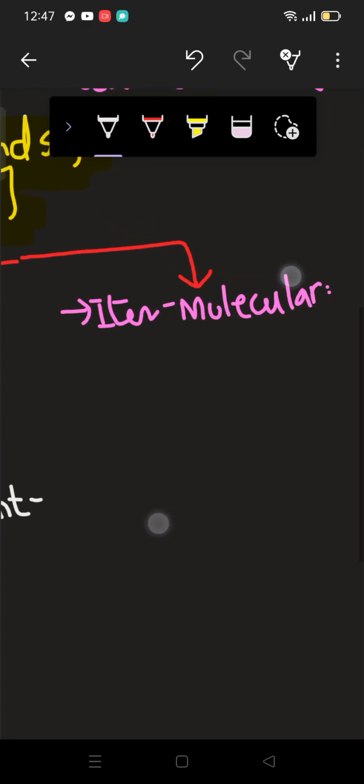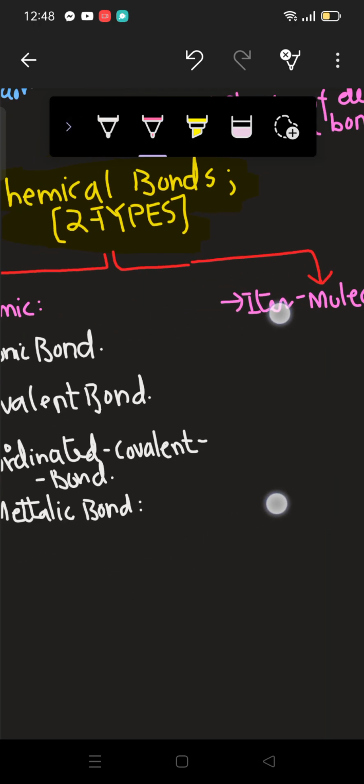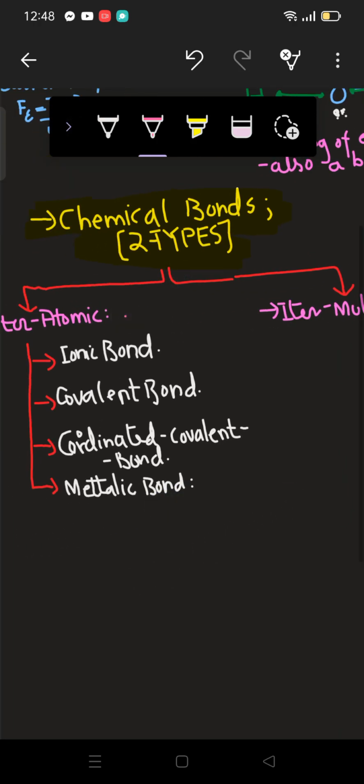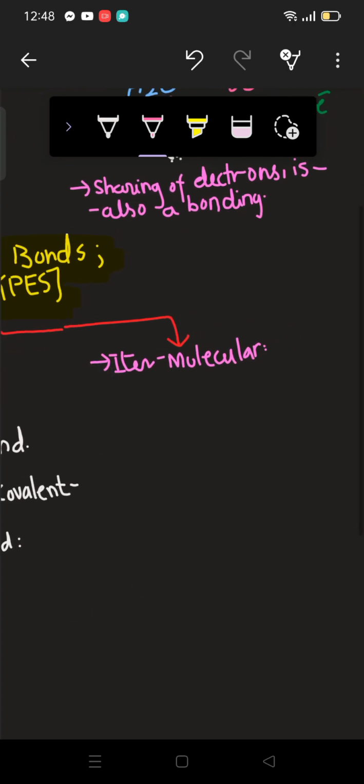Now we move towards intermolecular. These are basically forces. In interatomic we have actual bonds, but in intermolecular we have forces.